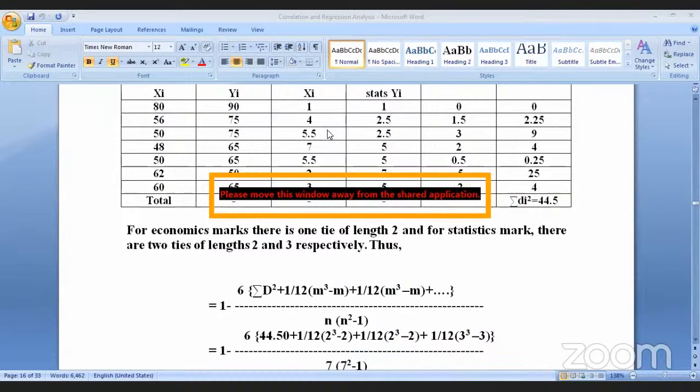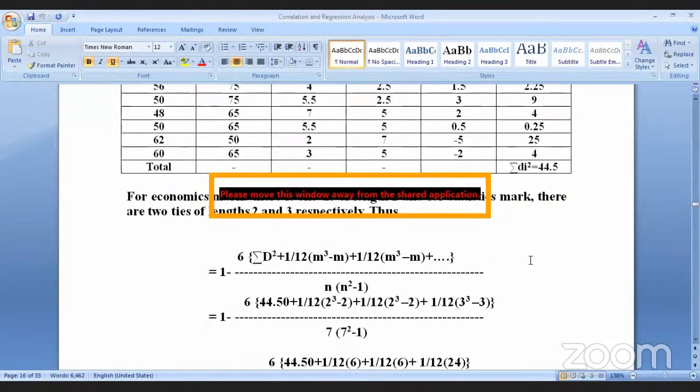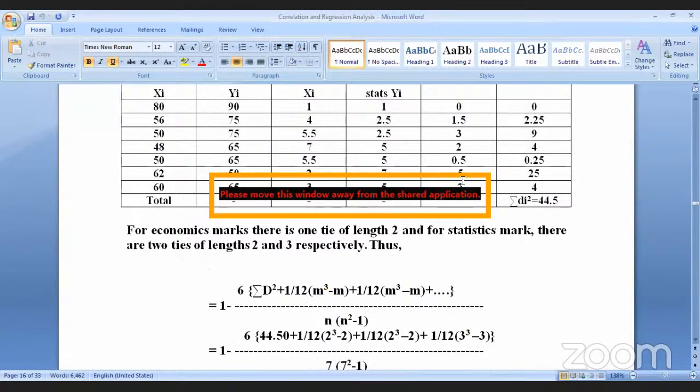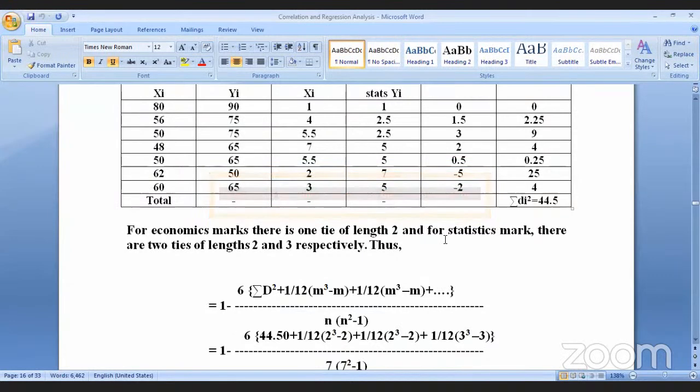In the x variable, only 2 ranks are repeated. In the y variable also, how many ranks are repeated here? 3 ranks are repeated, and 2.5 also is two ranks here. So total how many ranks are repeated?